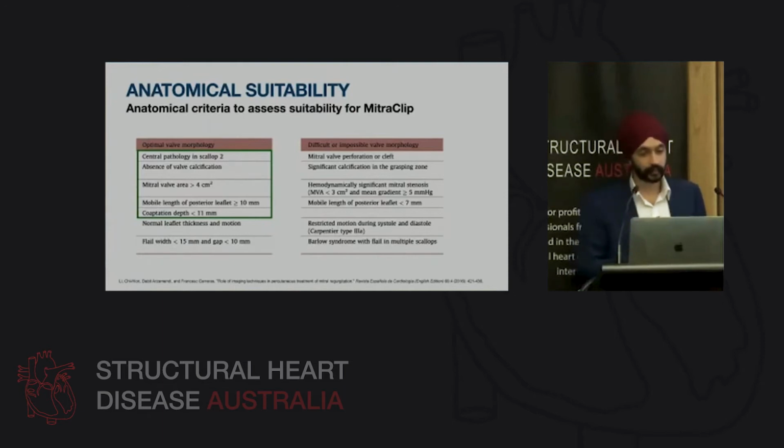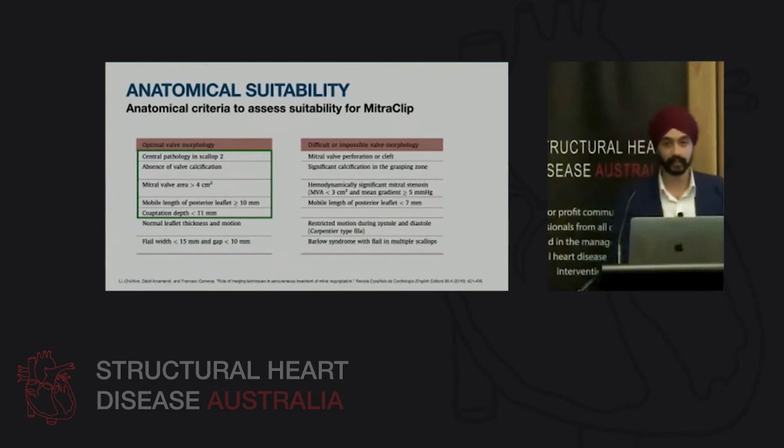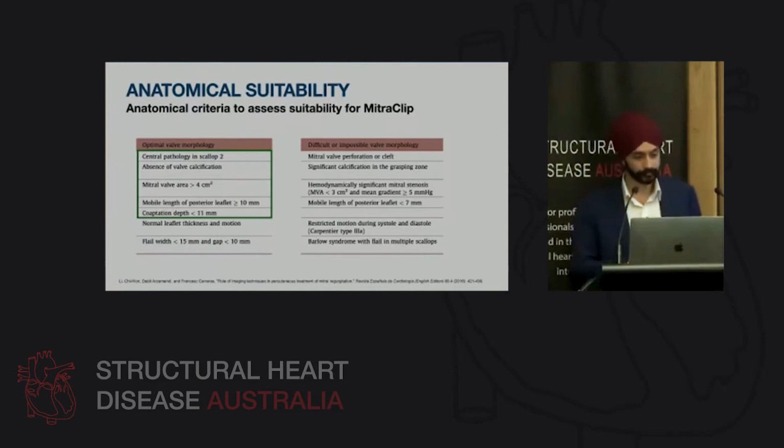And we discussed this in the previous talk as well, the importance of having a mitral valve area of greater than 4 centimeters squared at the onset of the case. Having a relatively sizable posterior leaflet, and especially the mobile length of that posterior leaflet, you need at least 7 millimeters, but ideally 10 or more. And the coaptation depth being less than 11 millimeters. So that's the ideal or optimal valve to consider transcatheter edge-to-edge repair.